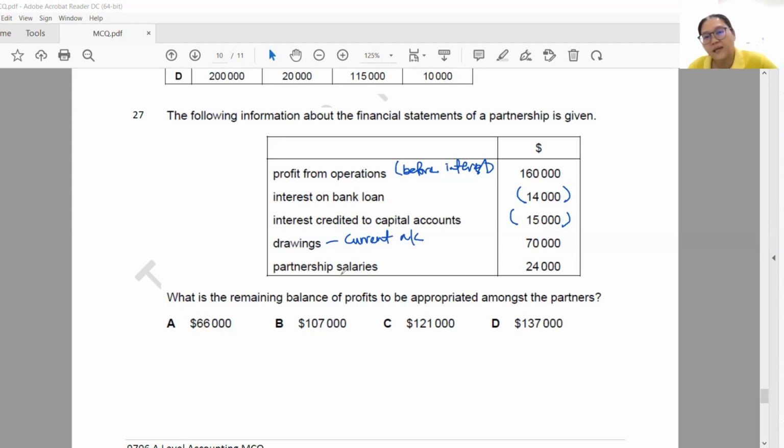Partner salary will also decrease the share of the profit. So we take 160 minus 14,000 minus 15,000 minus 24,000, and we will get a net 107. This amount will be shared among the partners.